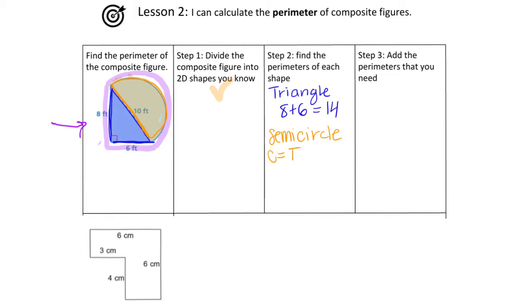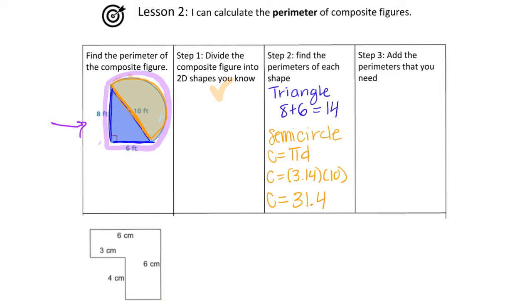So we're going to use the diameter formula because it gives me the whole way across the circle. I'm going to plug in 3.14 for pi. My diameter is 10. And then 3.14 times 10 is 31.4.